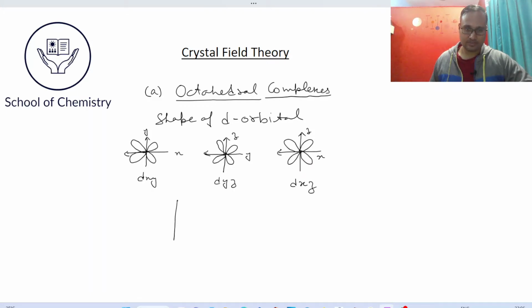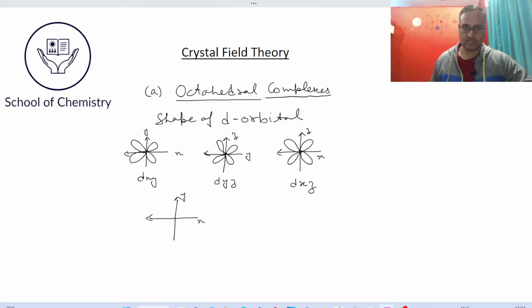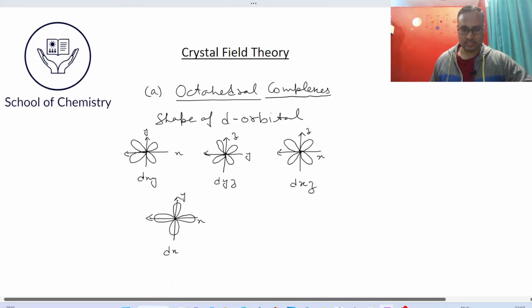Then we have dx square minus y square. This is your x-axis, this is y-axis. In dx square minus y square, the lobes of the orbitals are lying along the axes.